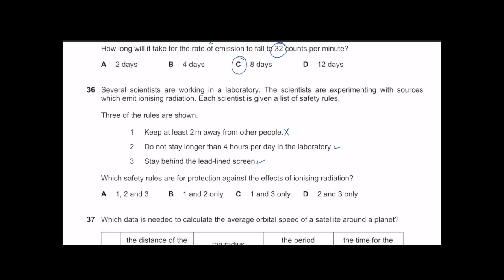So which safety rules are for protection against the effects of ionizing radiation? I'm going to choose 2 and 3 only, because I couldn't see how 1 could help at all. So 1 here is wrong.